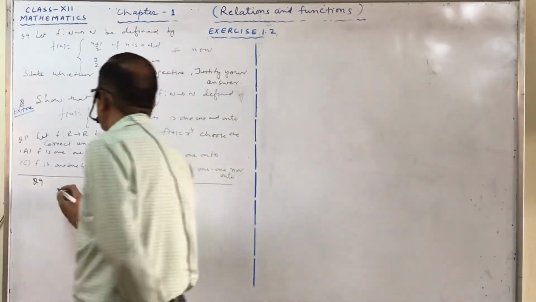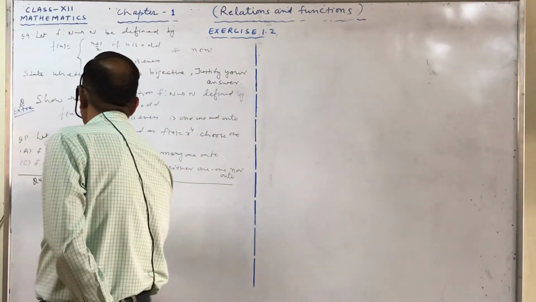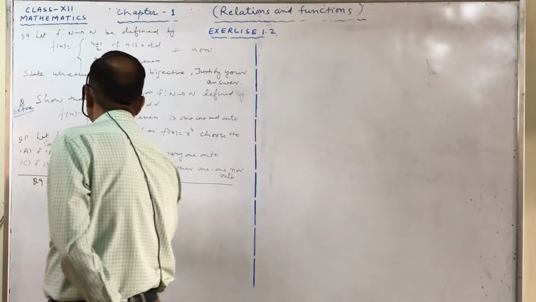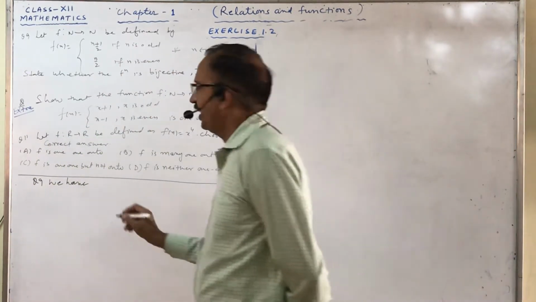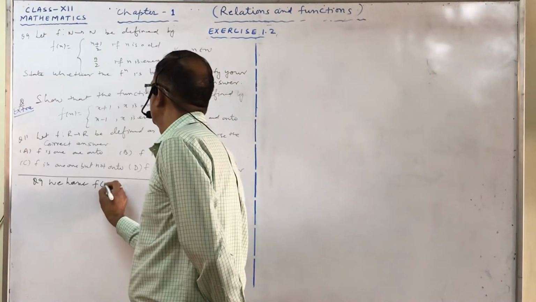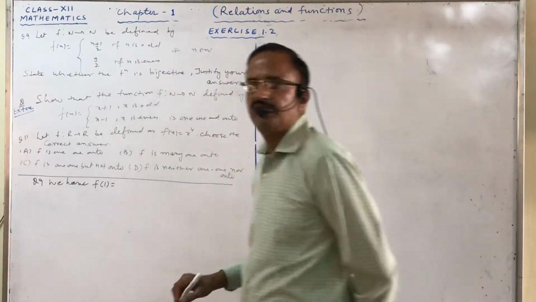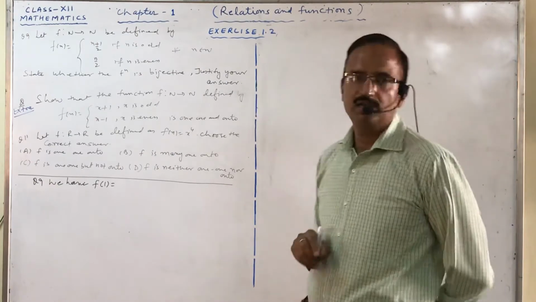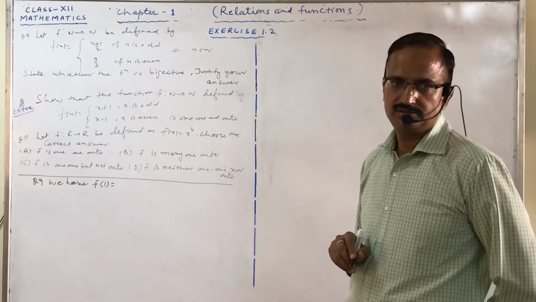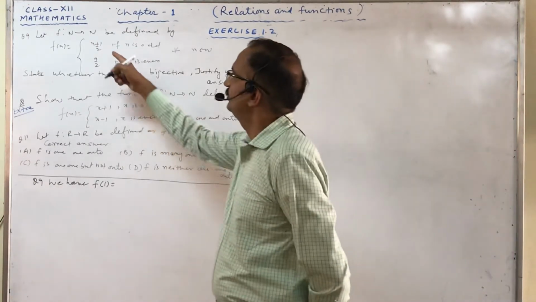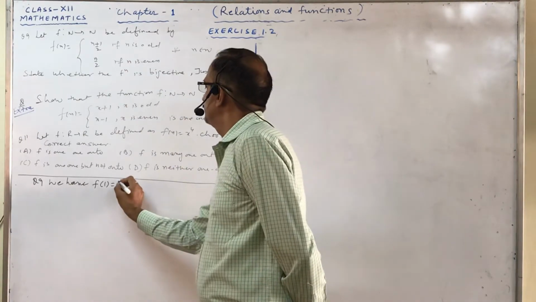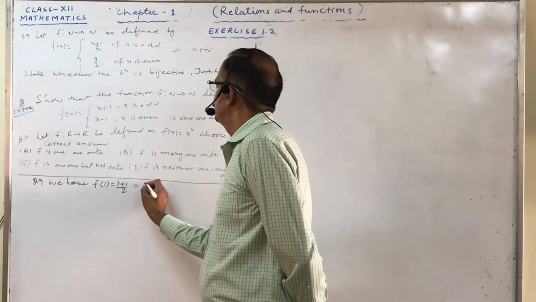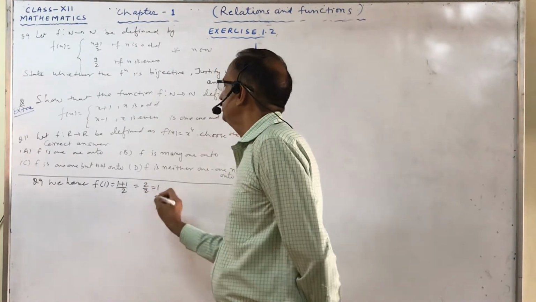So we can say that we have f of 1, when we are considering 1 as the first natural number. Then we will use this function. So it is (1 plus 1) by 2, and this is 2 by 2 equals 1.